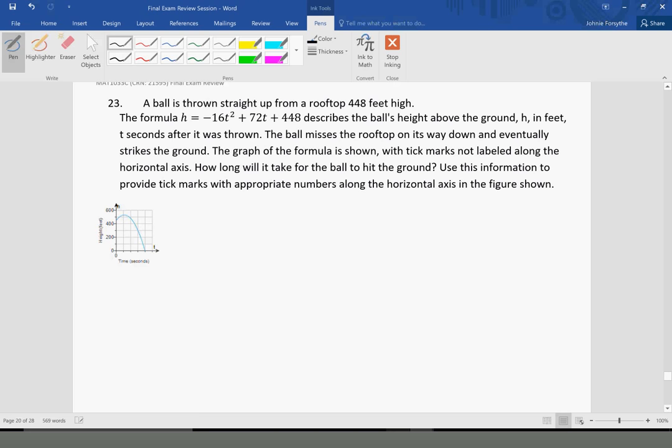Okay, so when it asks you, how long will it take for the ball to hit the ground? So the hit the ground part, that means that your h equals 0. That means there's a 0 height, 0 feet in height, right?